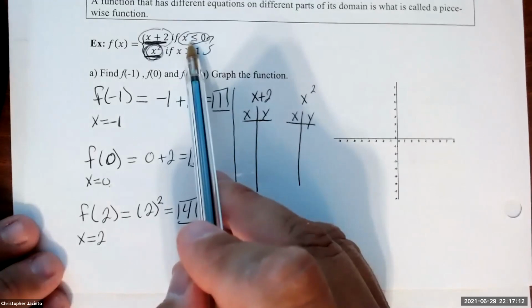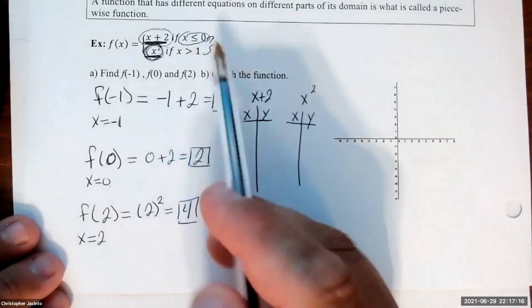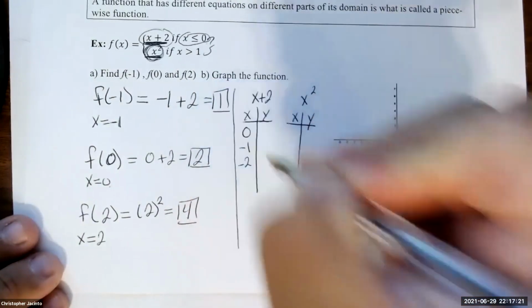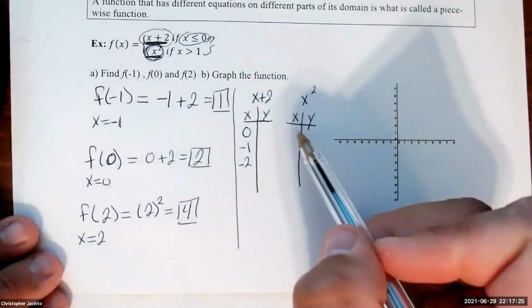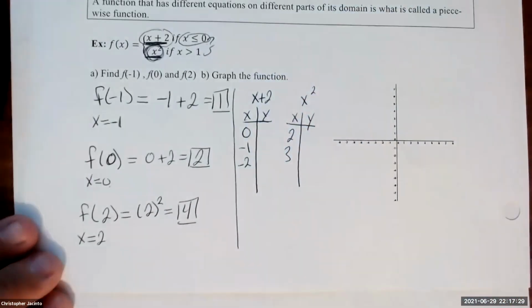So x could be at most 0, so anything below 0 is perfectly fine. 0, -1, -2 work, as those satisfy that inequality. Same thing applies here: we pick numbers that are bigger. So 2 works, 3 works.